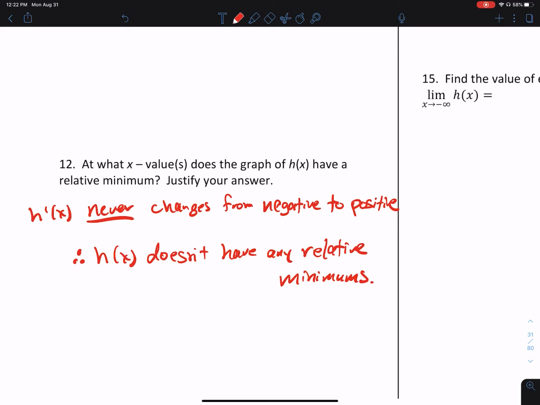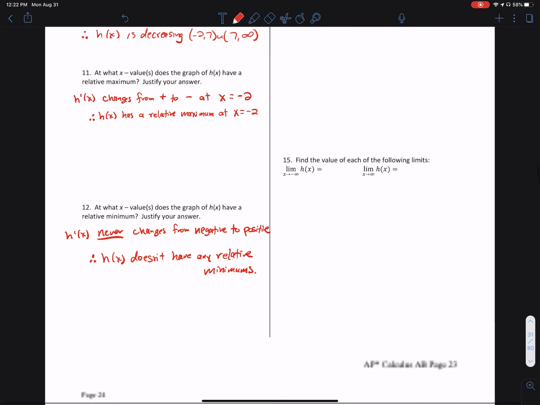To have a relative minimum, the graph has to change from decreasing to increasing, which means h prime has to change from negative to positive, and it doesn't happen anyplace.